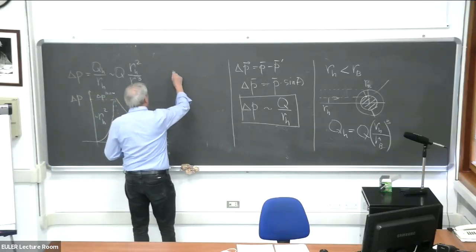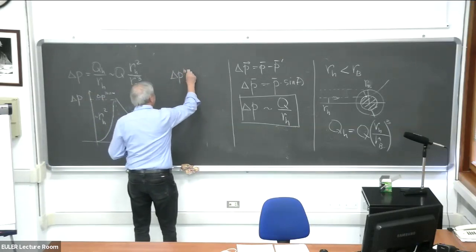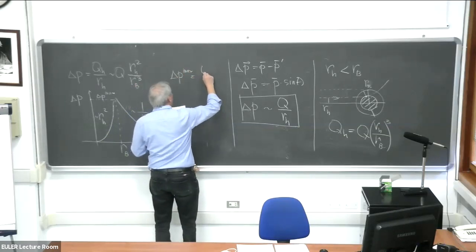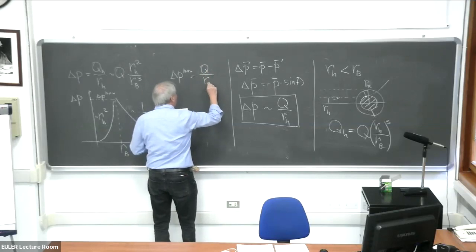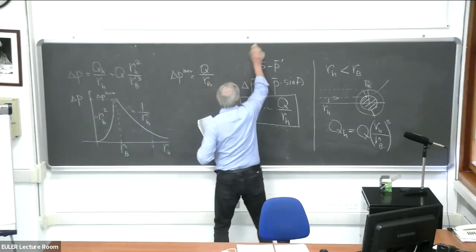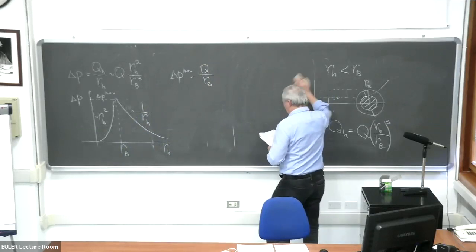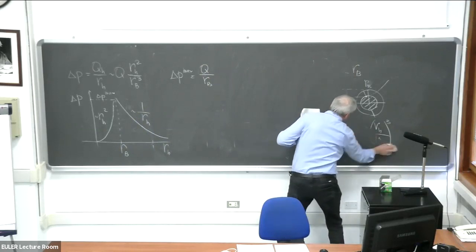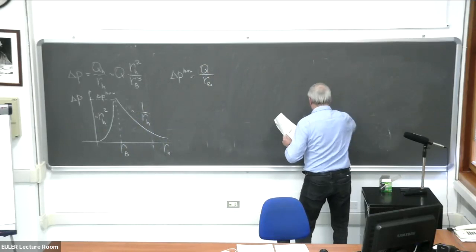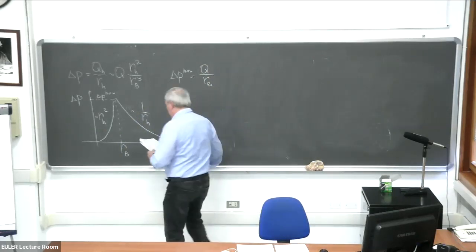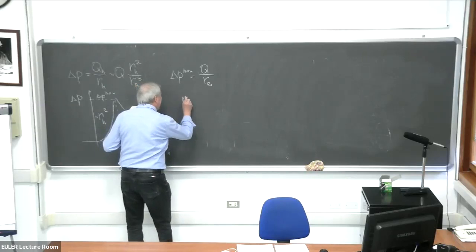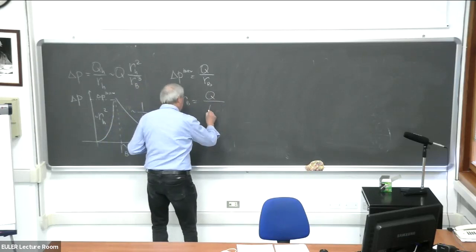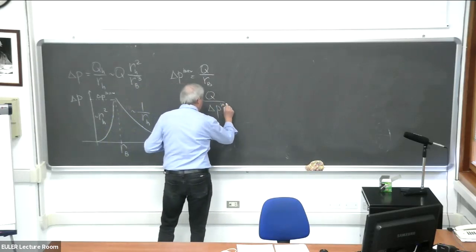And delta P maximal equals Q over R_B. We can invert this expression and write that R_B equals Q over delta P maximal.